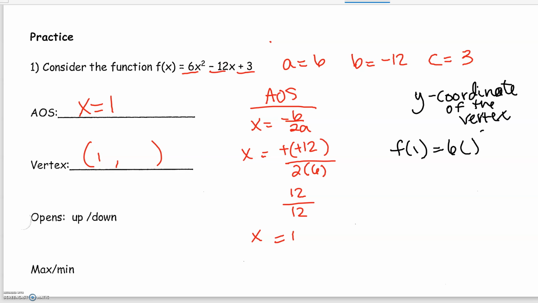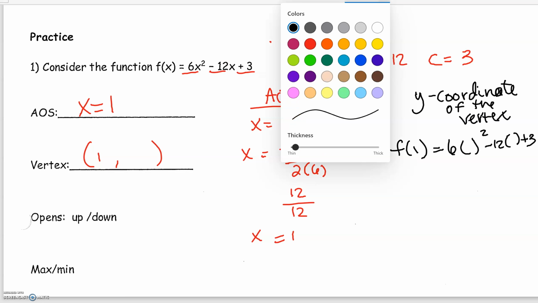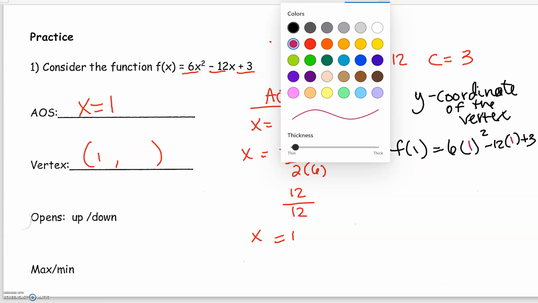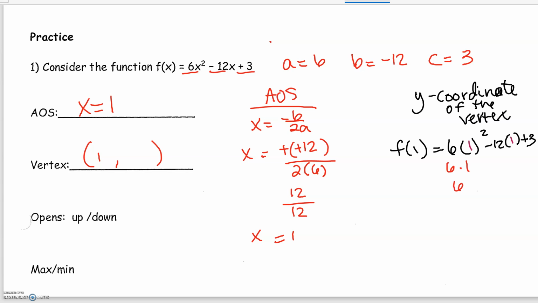So 6 times 1 squared minus 12 times 1 plus 3. And so we're going to plug that 1 in for all the x values. And then we're going to square here, and then it's just 6 times 1, or 6. And then this gives me negative 12 and plus 3.